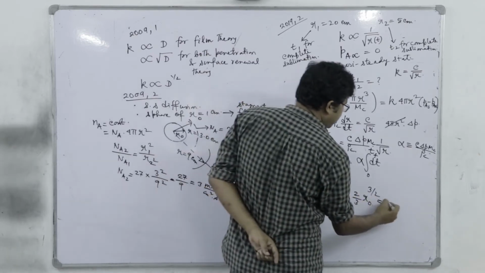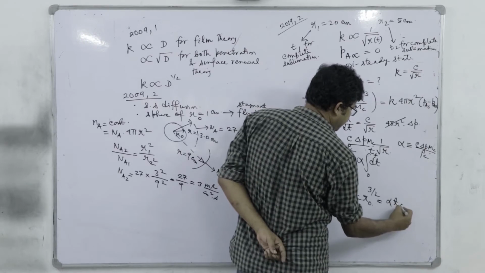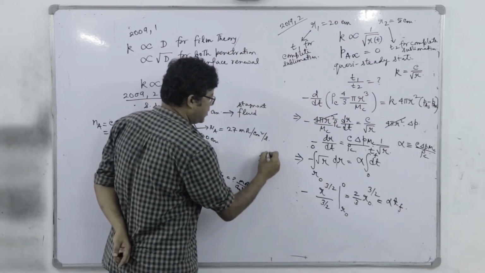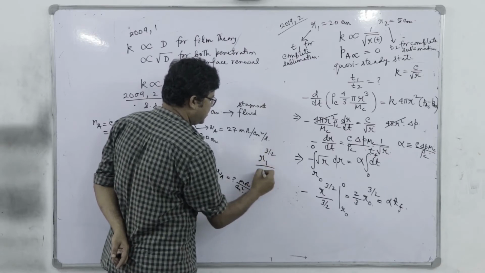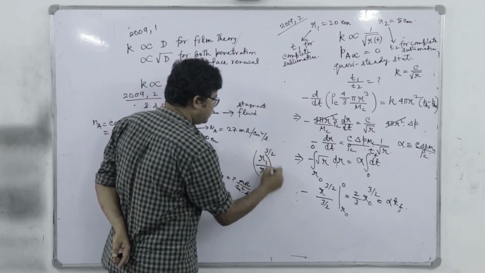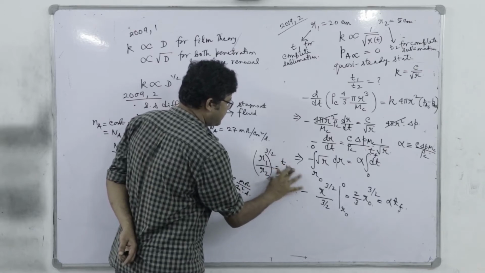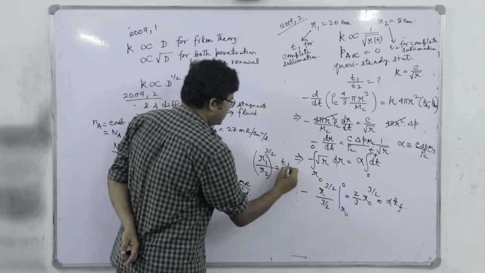So, that is equal to alpha into TF. So, you can write R1 to the power 3 by 2 divided by R2 whole to the power 3 by 2 is equal to T1 by T2.